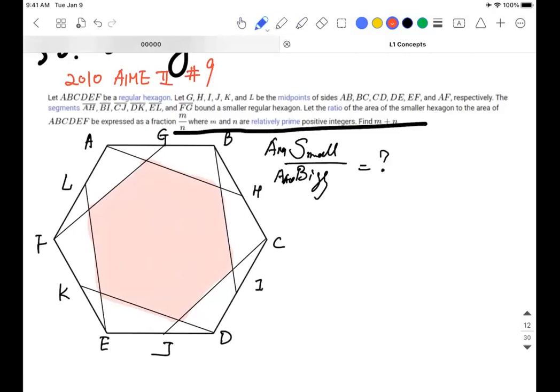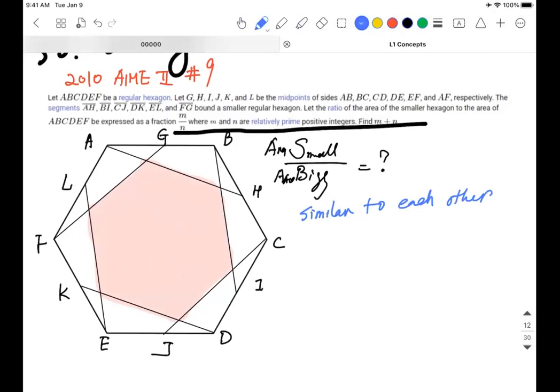Okay, this is very understandable. You get a big regular hexagon and a small regular hexagon, and you want to determine the area ratio. Well, if you just want to determine the area of a hexagon, that's going to take you some time, right? You're going to do some calculations and so on. But these two hexagons, for sure, are similar to each other. The smaller one and the big one must be similar.